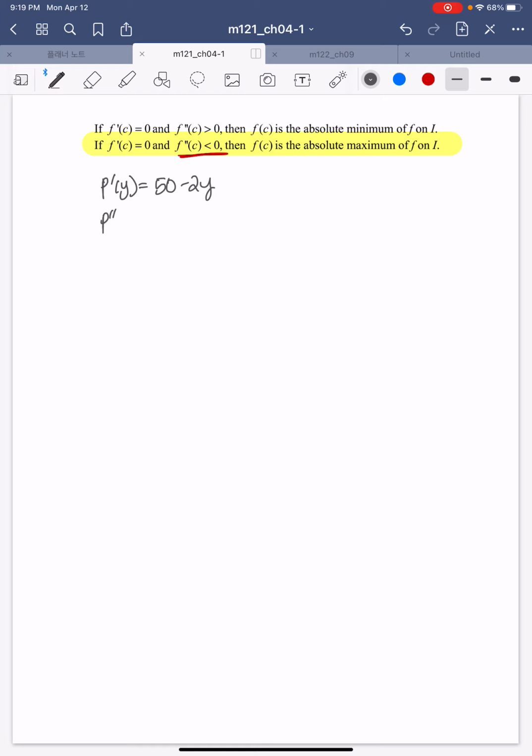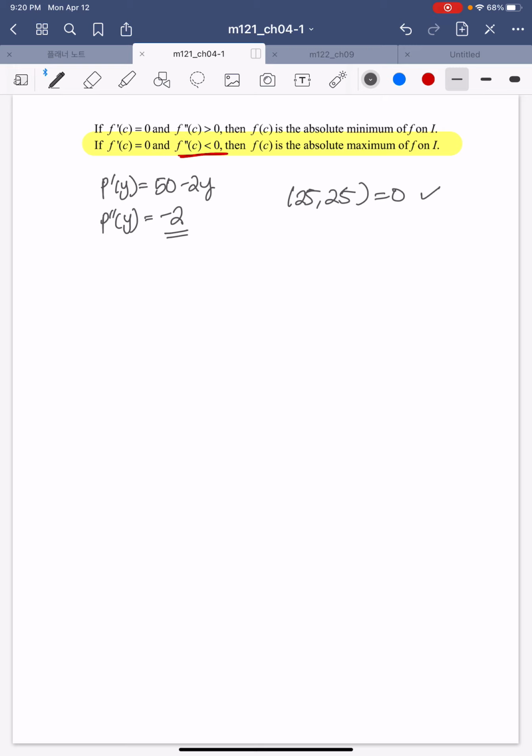So our second derivative will be constant, the derivative of 0 is 0, so negative 2. Since our second derivative is always negative because it's negative 2, we get that 25 was the critical value that gave you 0.